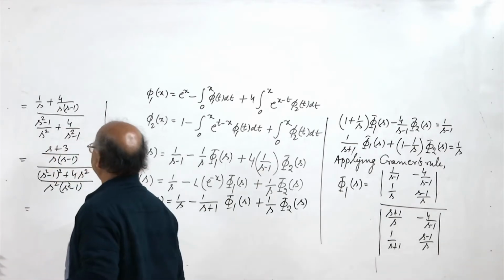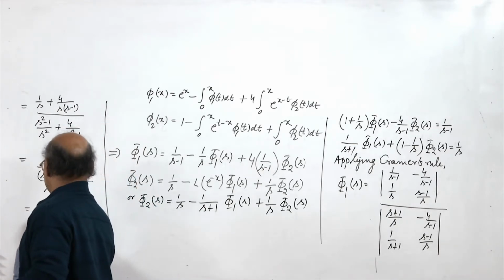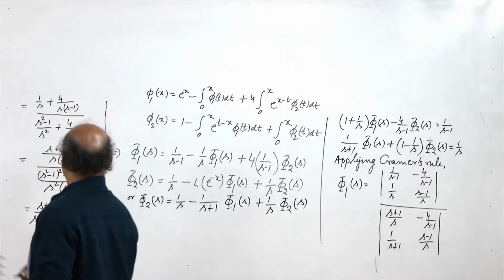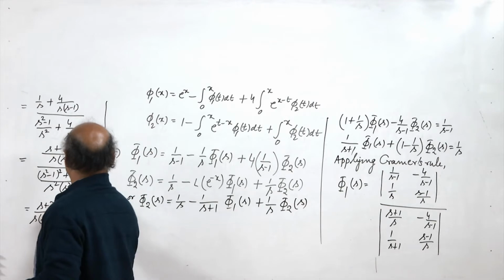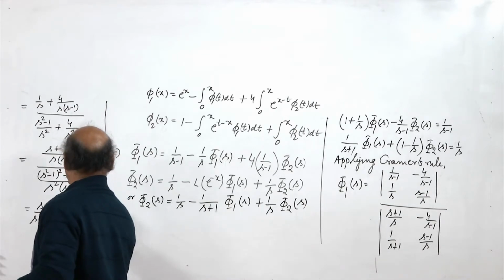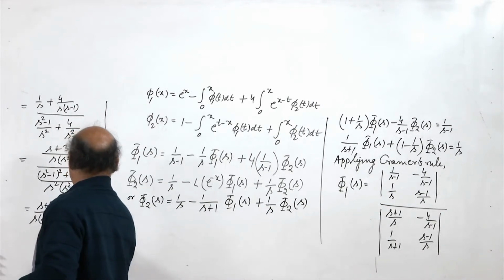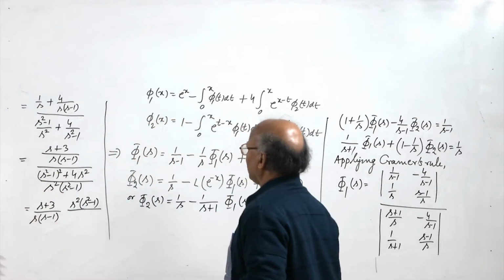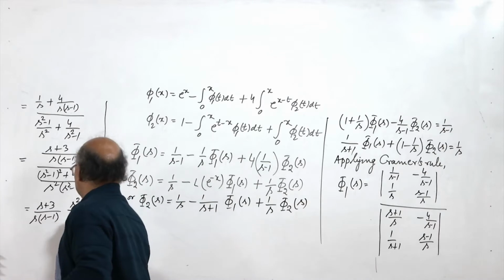So this is s plus 3 upon s into s minus 1, and then we get s square minus 1 divided by s square minus 1 whole square plus 4s square, which is s square plus 1 whole square.